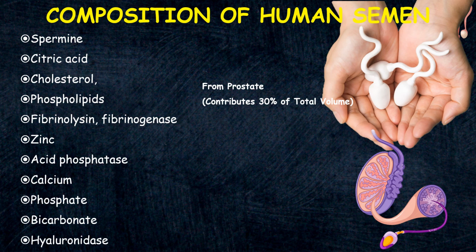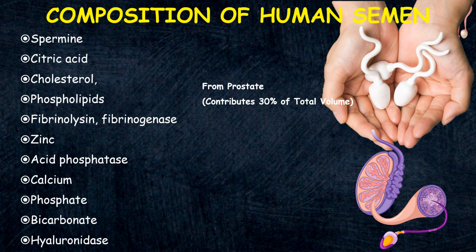This neutralizes the acidity of the vaginal secretion. At this pH, the spermatozoa become motile and the chances of fertilization are enhanced. Lysis of the coagulum is caused by the fibrinolysins present in the prostatic secretion.